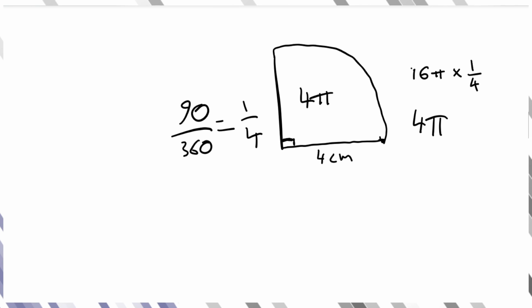We've simplified it. Let's type that into a calculator. 4 times 3.14 gives us 12.56. So 4 pi is equal to 12.56, roughly. But yeah, so that's the area of a sector.